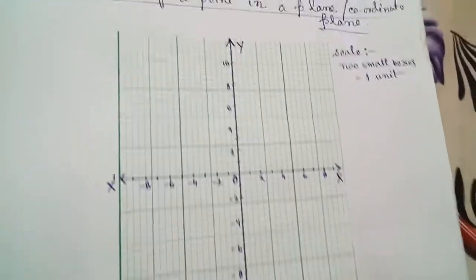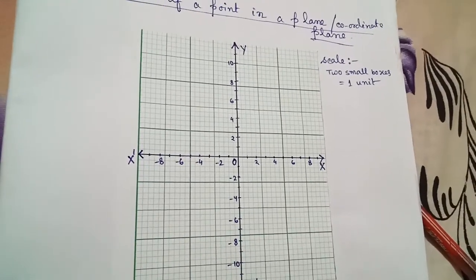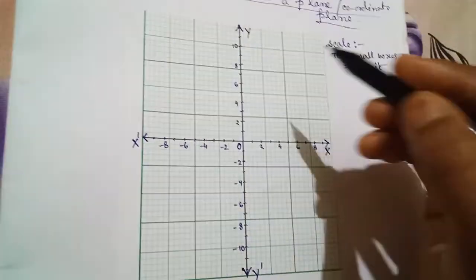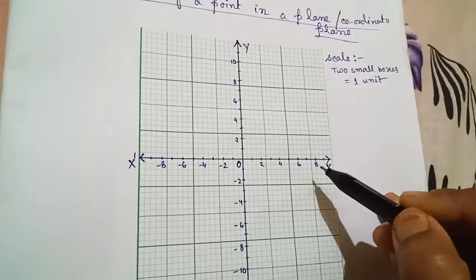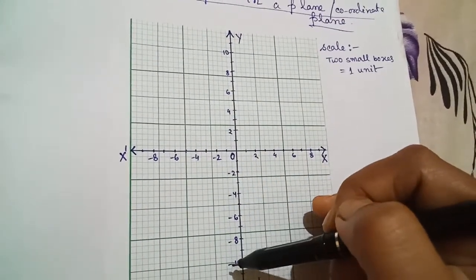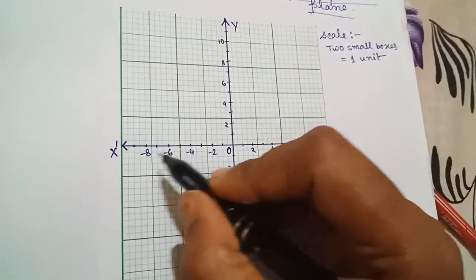Now look, already I have cut one piece of graph paper and I have pasted it here, and you can see I have drawn the x-axis horizontal one, y-axis vertical one, and I have written some of the numbers also.